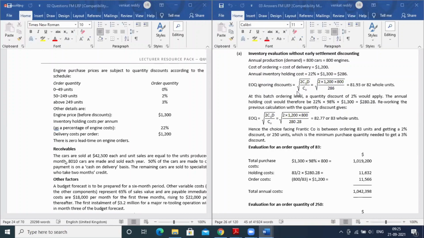So the amended EOQ will be 82.77, nothing but 83 units. Before I go to the next step, let me know if you have any query on this. Take your time, no urgency, but I want everyone to confirm whether you understood these two steps.